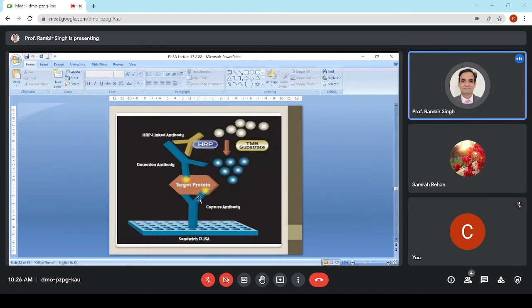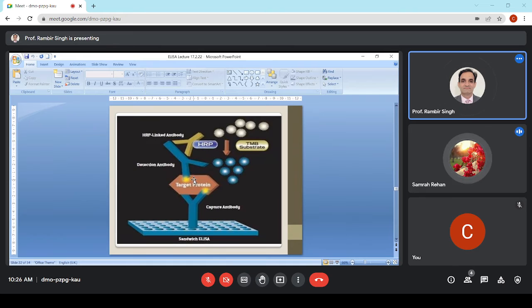So the antigen is bound by two antibodies. If either binding doesn't take place, there is no reaction, negative. That means the antigen is sandwiched between two antibodies, and this enhances the sensitivity of the assay.